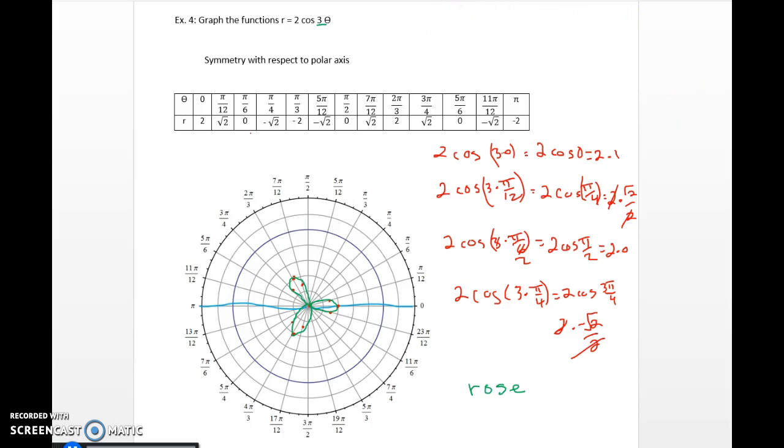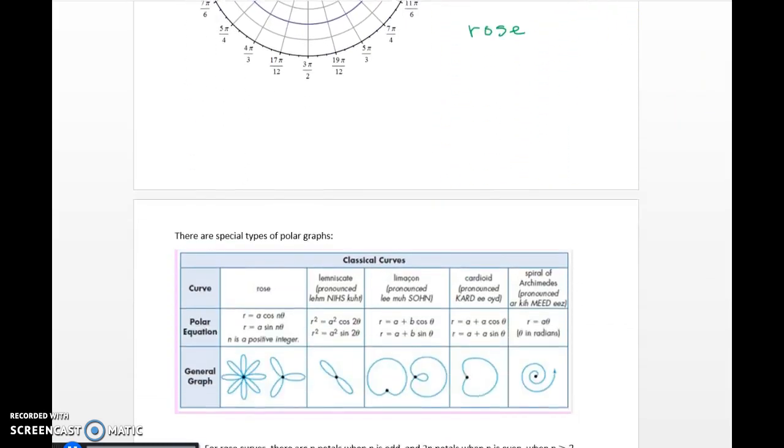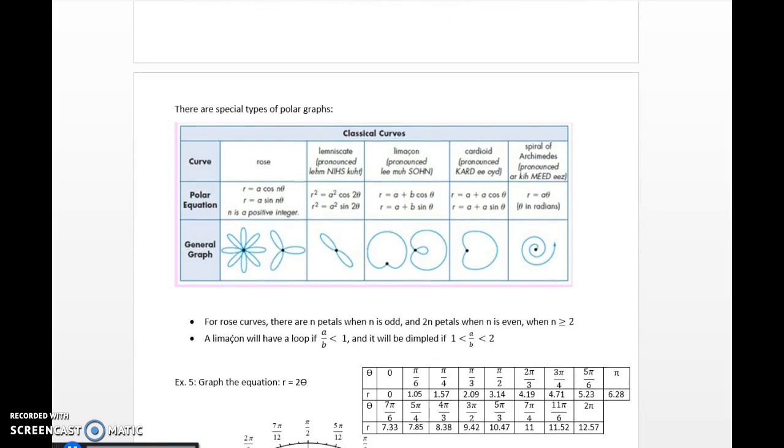Okay, moving on. So we have these special types of graphs. The rose always takes this equation, a cos n theta or a sin n theta. It could be sine or cosine, where n is a positive integer, and we're not adding or subtracting anything. It's just a cos n theta or a sin n theta.